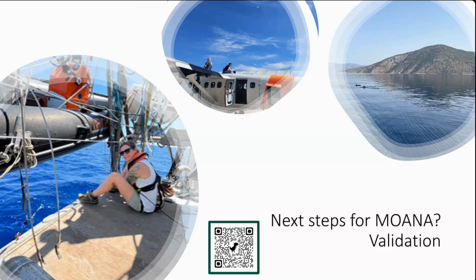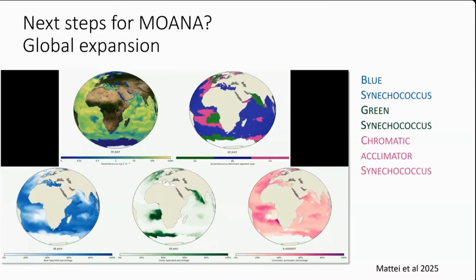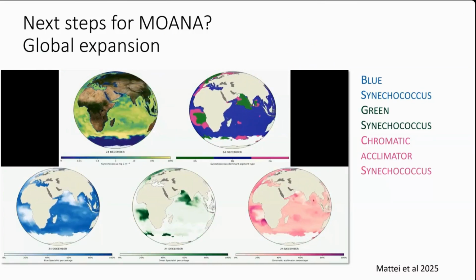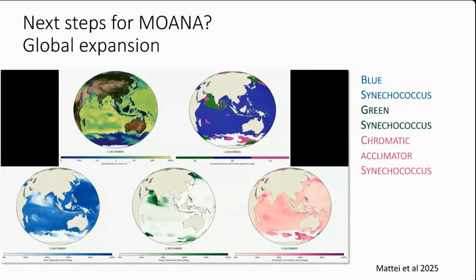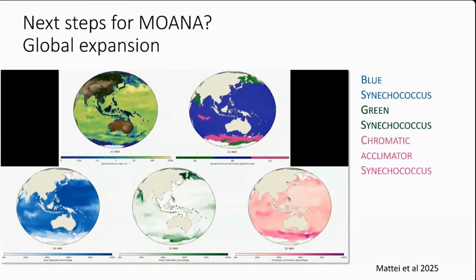One thing that I should mention is that MOANA, as you will see later, is currently produced just for the Atlantic. As I said in the beginning, in order to develop this algorithm, we used Atlantic data. And we have some small data sets from the Pacific, but things were not working out really well.